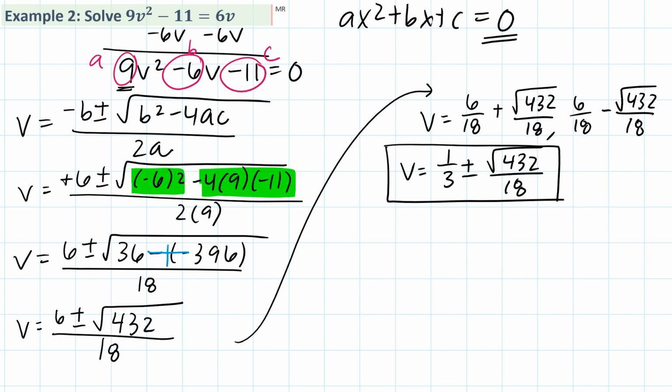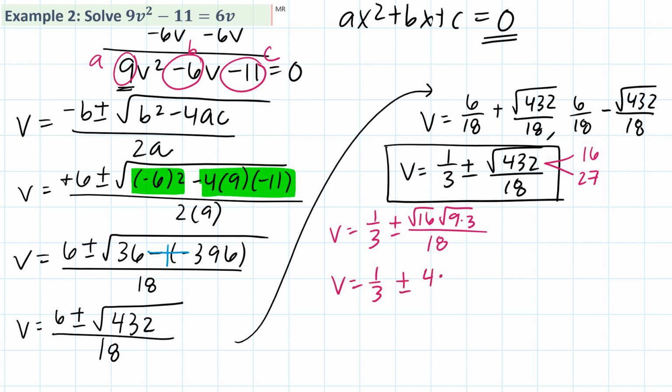Those of you challenging yourselves to simplify square roots will notice 432 is 16 times 27. So you would have v equals 1/3 plus or minus square root of 16 times square root of 27, which would be 9 times 3, all over 18. So you'd get v equals 1/3 plus or minus 4.